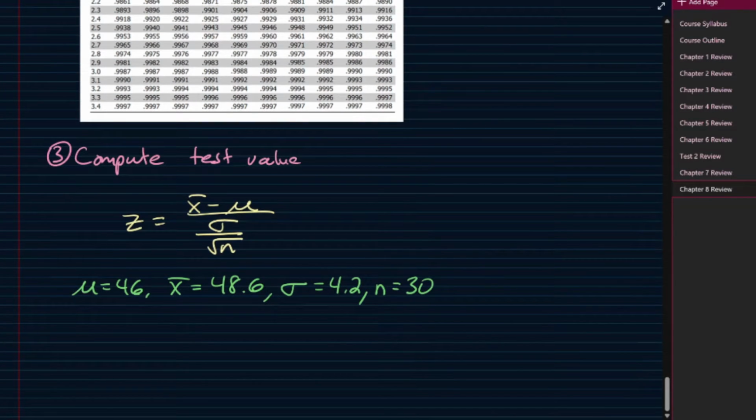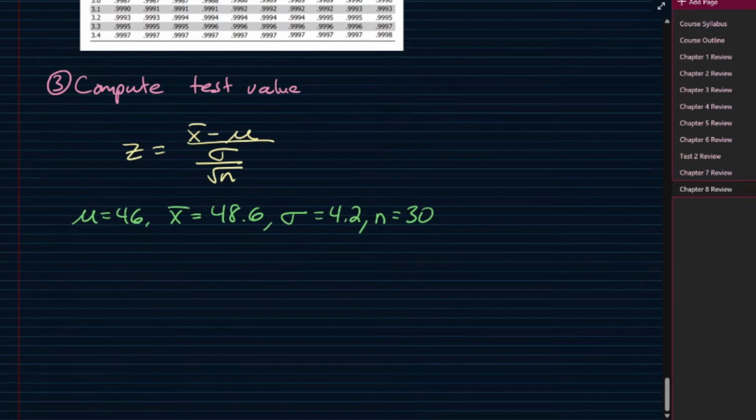Plug all this in, that will give us our test value. Make sure to do it in the calculator correctly. I do see a lot of students incorrectly calculating the z-score just from feeding values into their calculator improperly, like not using proper order of operations. So make sure to use parentheses, use excessive amount of parentheses if you like.